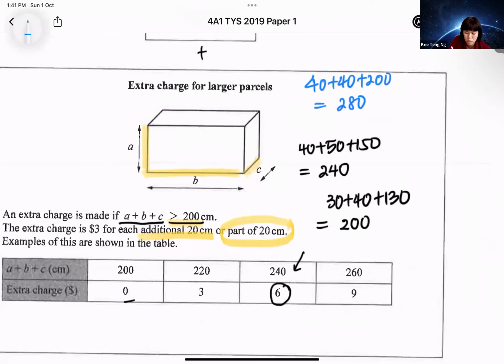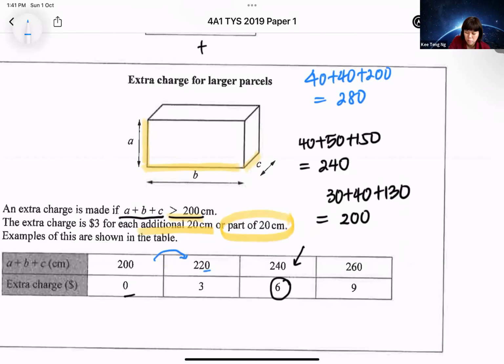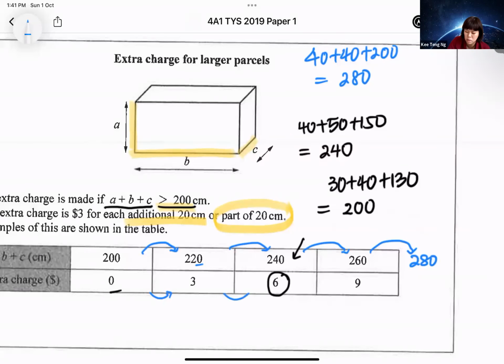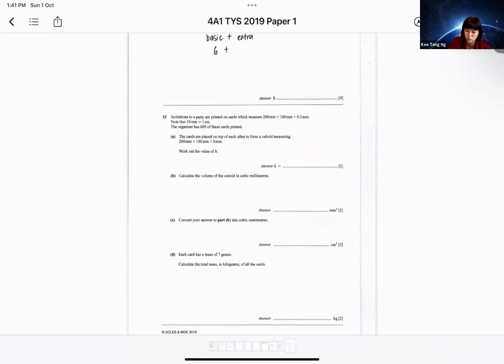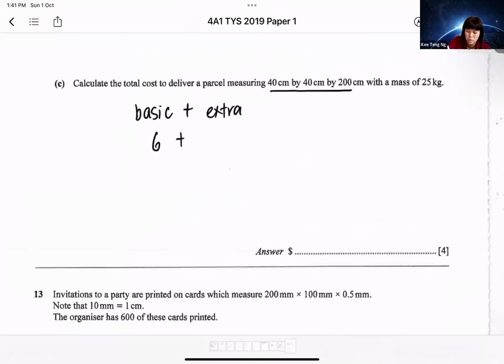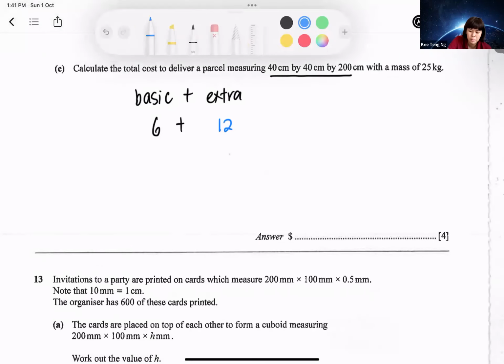So every additional, I plus 20, plus 20, plus 20, plus another 20. So there will be 280 plus $3, plus $3, plus $3, plus another $3. So there will be $12. Okay, so my extra charge over here will be $12, right?